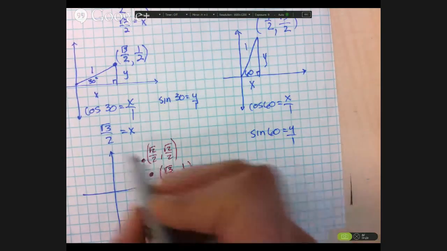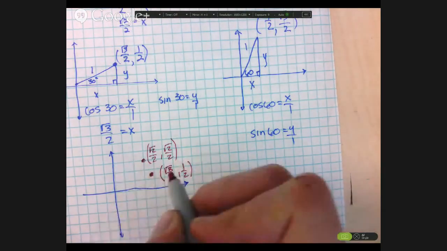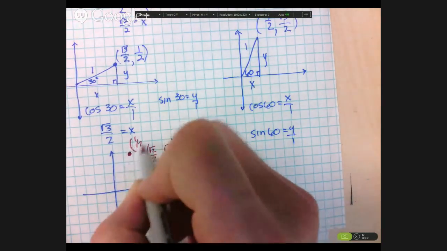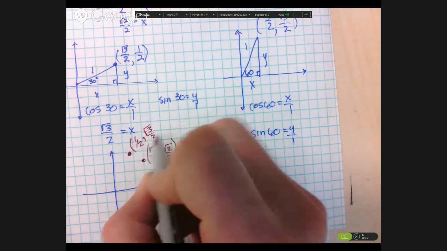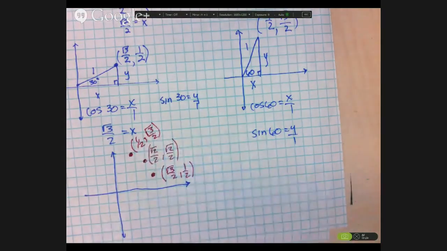And then we had 60 degrees. Okay, look at that.